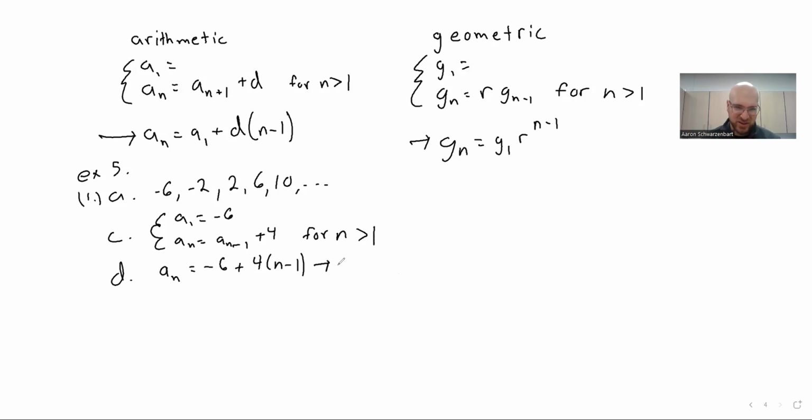Sometimes you'll see them simplify this as -6 plus 4n minus 4 by distributing, and then that equals 4n minus 10. They want the 10th term. I'm just going to plug into this formula. 4n is 4 times 10.